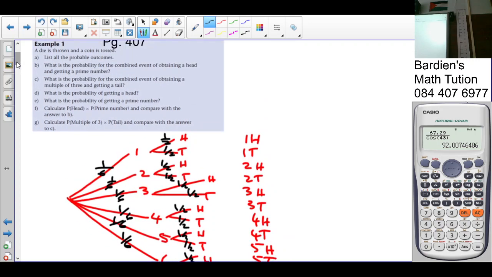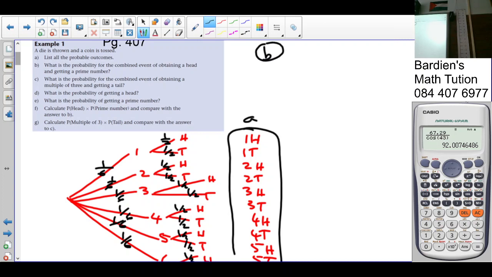First question. We say list all the possible outcomes. This is the answer to A. How many outcomes are there? 12 outcomes. B, the question says, what is the probability for the combined events of obtaining a heads and getting a prime number?